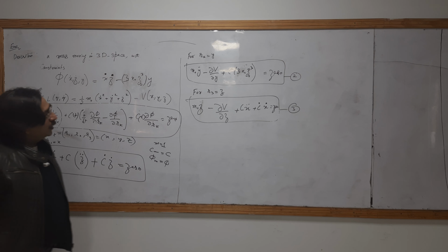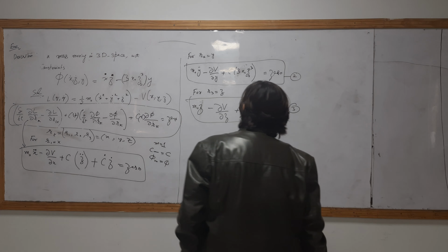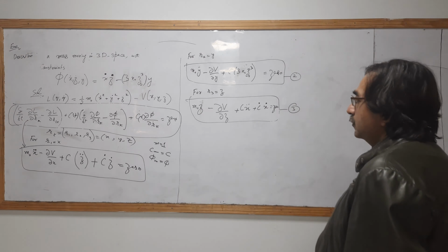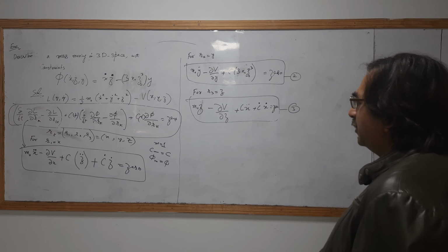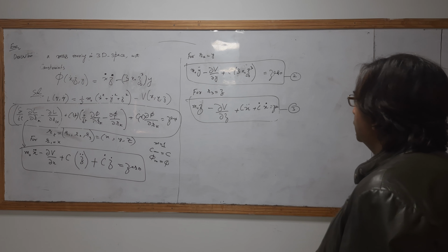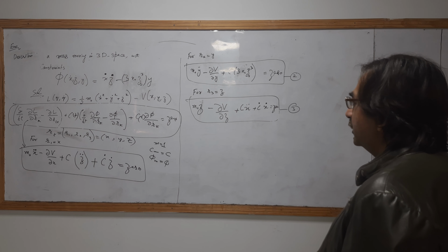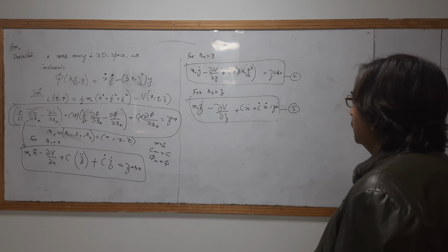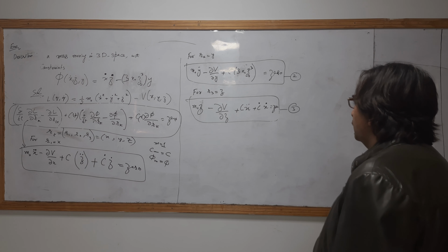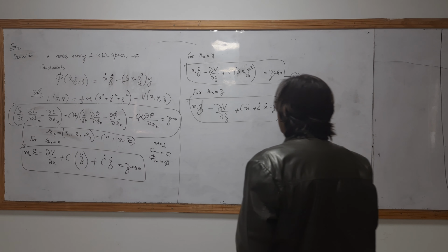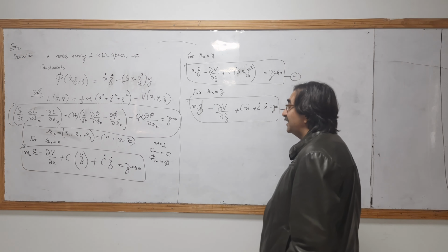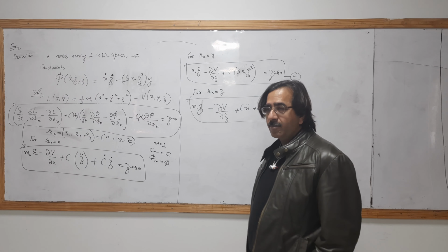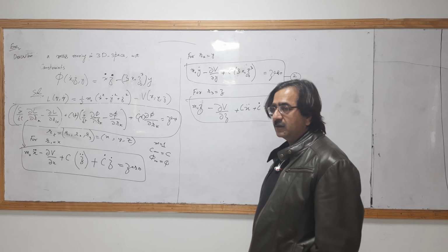Potential may be given. If you have 3 equations, you have to find the value of x and x dot. Actually, you are interested to find the value of C, the constant force.